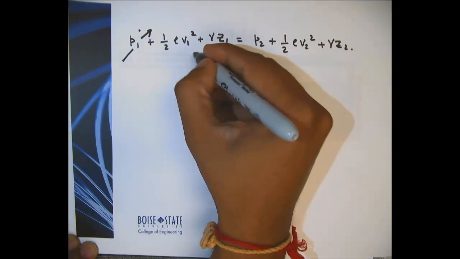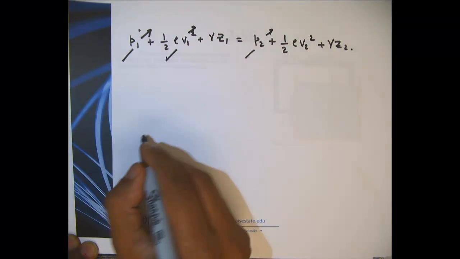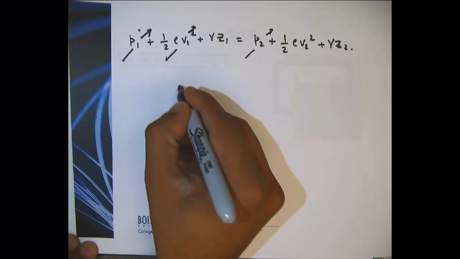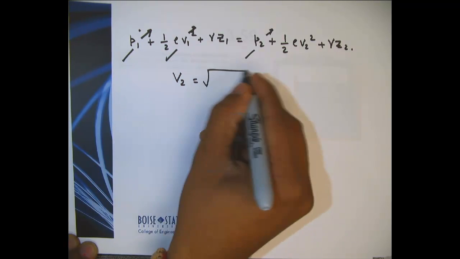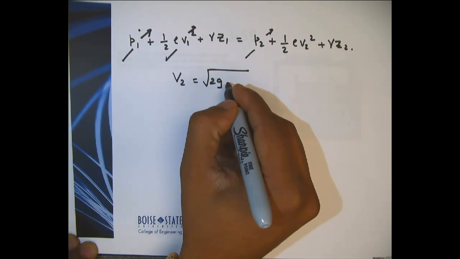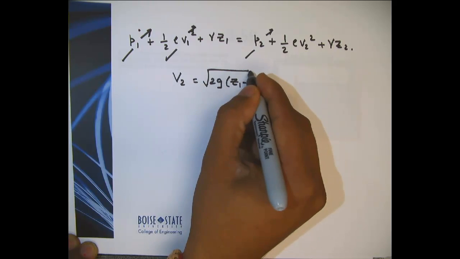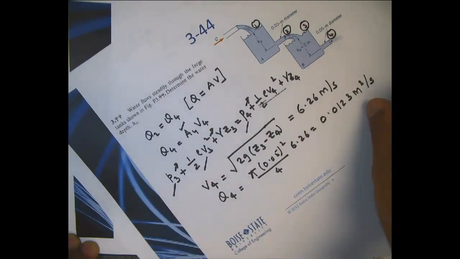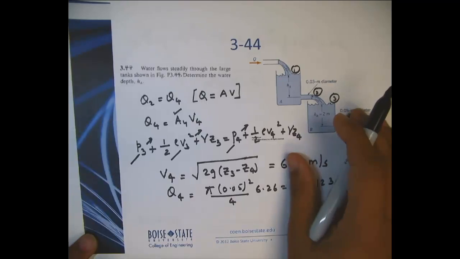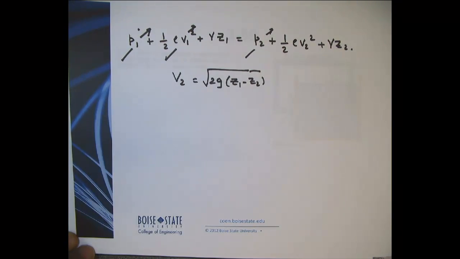P1 is 0, V1 is 0, P2 is 0 gauge. So you can compute V2, which would be square root of 2g (Z1 minus Z2). And you can see from the figure that Z1 minus Z2 is nothing but your height HA. Okay?